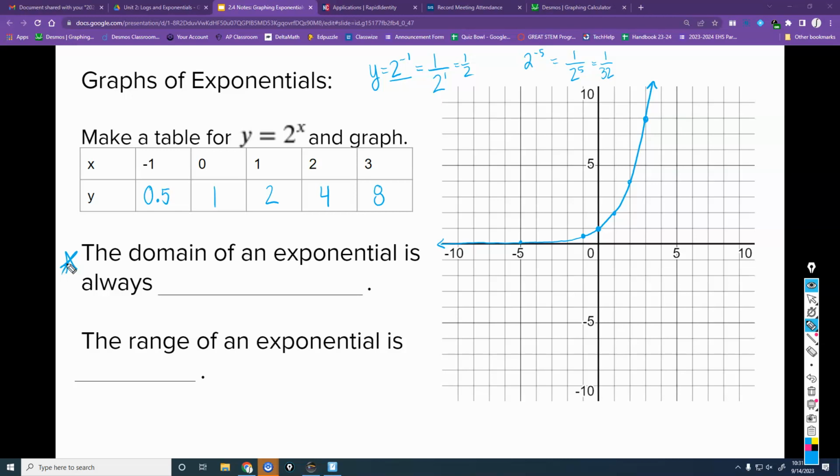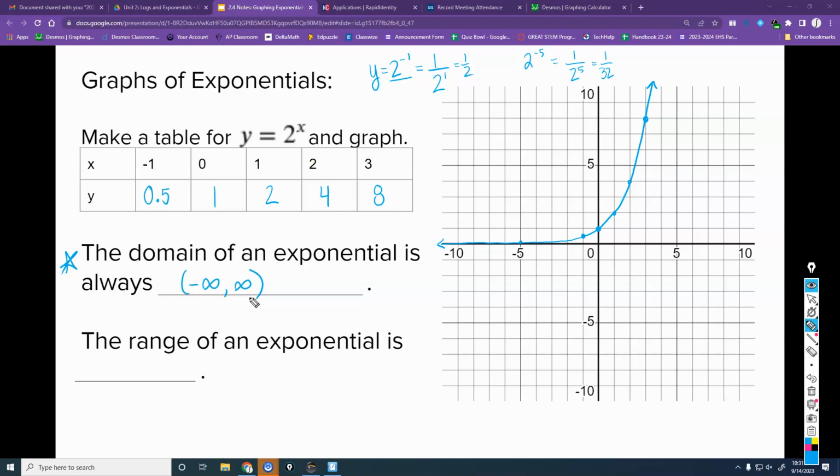You may use it on your test. So the domain of an exponential is always negative infinity to positive infinity. Okay? The only exception would be if I gave like crazy exponentials where it was like 2 to the square root of x minus 5 or something like that. I'm not going to give you something like that.